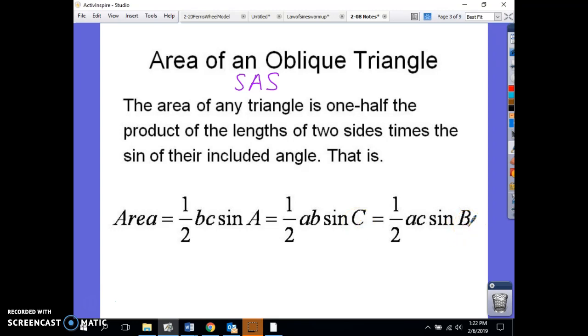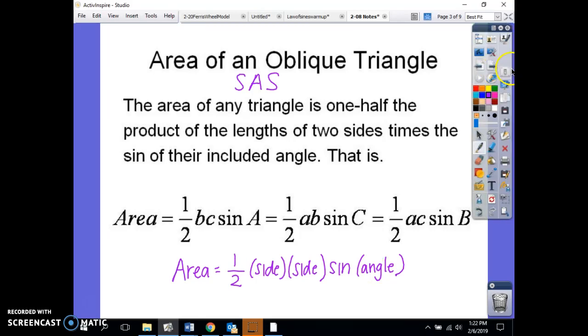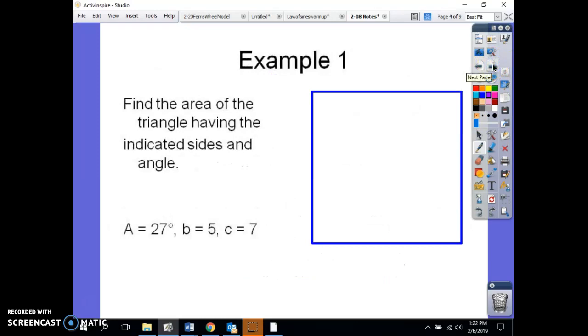Now, another way to remember this is just that area equals 1/2 times a side times another side times the sine of whatever your angle is. Okay, so we always just put a side here, and then an angle after the sine, and we'll get the right answer every time, whether you're given A's, B's, and C's, or P's, A's, and T's, or whatever it may be.